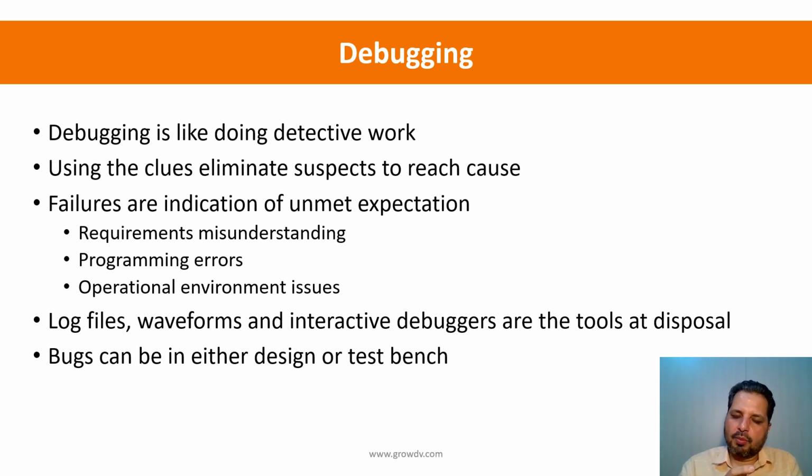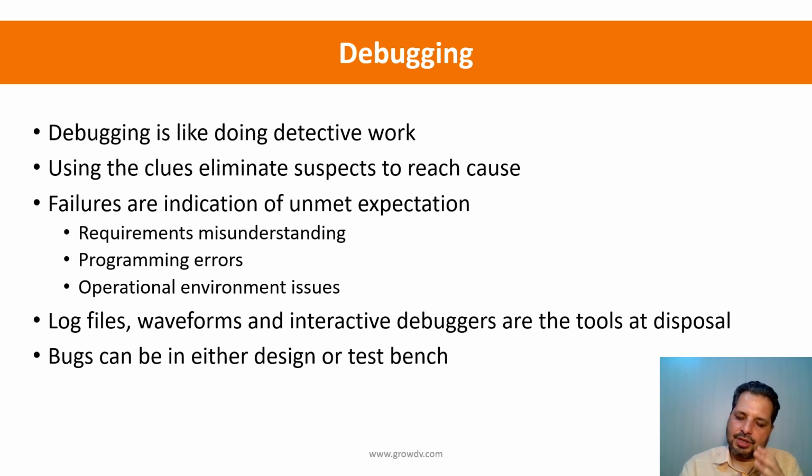And if the problem appears to be with the test bench, then you go deeper into the test bench. And sometimes you can use the interactive debuggers as well to figure out where things have gone wrong in the test bench. And once you have discovered the bugs, you file the bugs, and if there's a design bug, the design team will take care of fixing that bug.